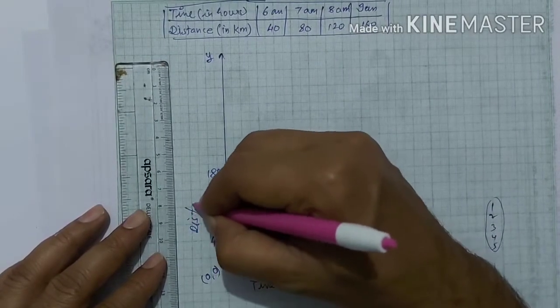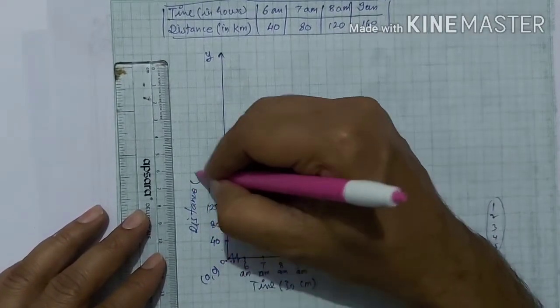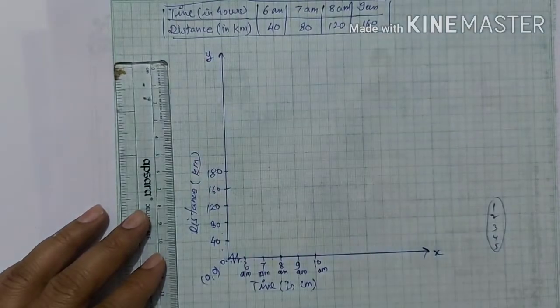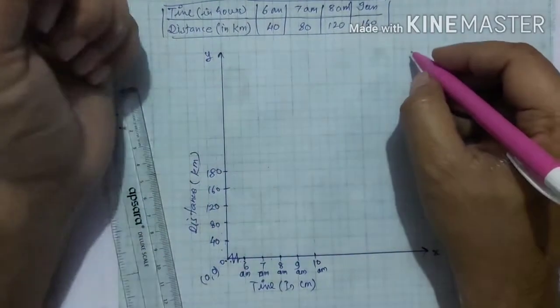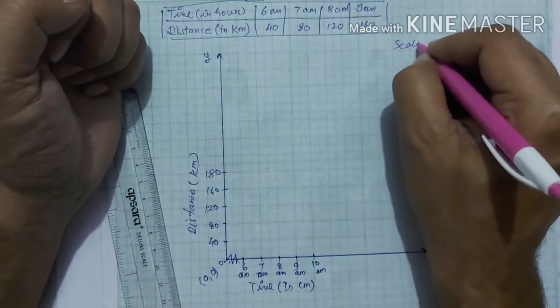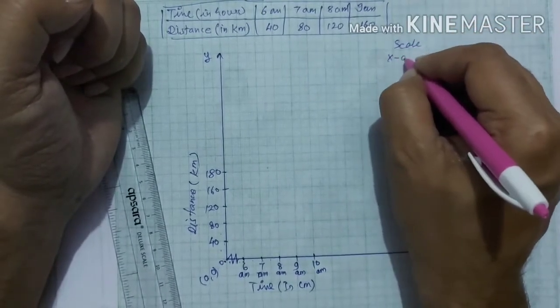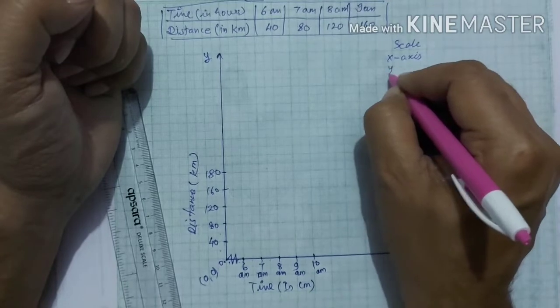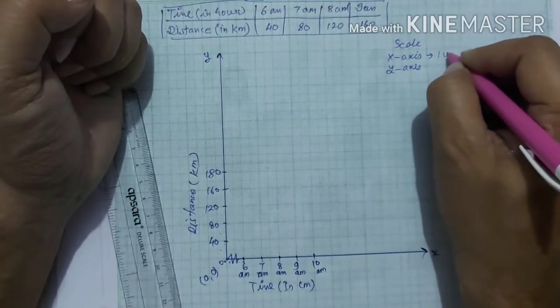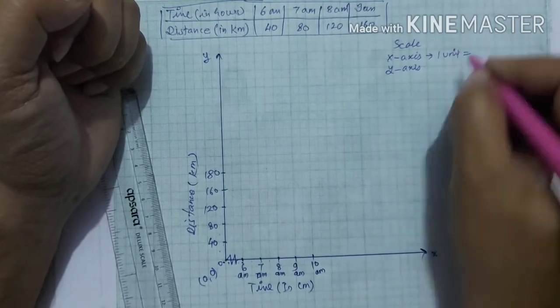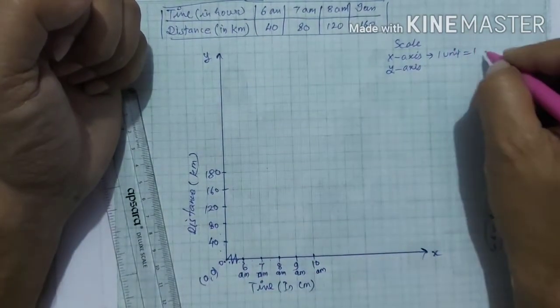So we write distance in kilometers. Now the scale: x-axis and second y-axis. The x-axis is 1 unit equal to 1 hour.